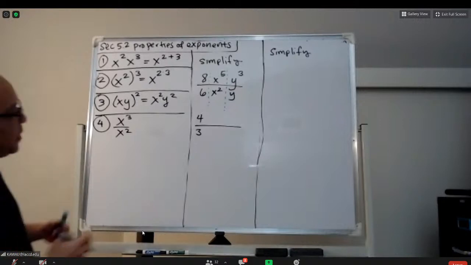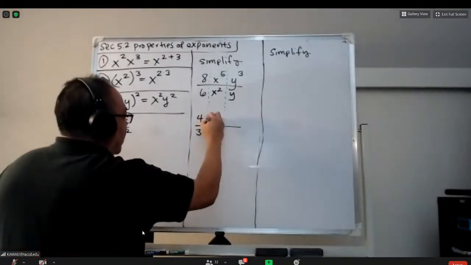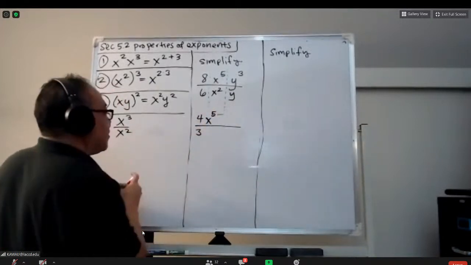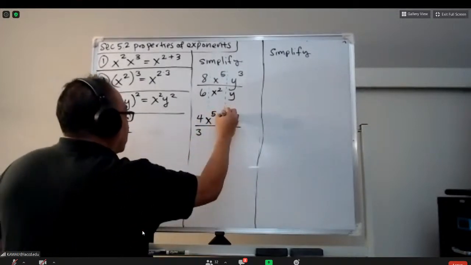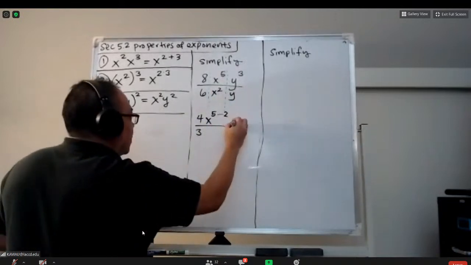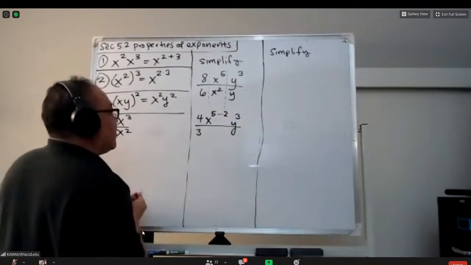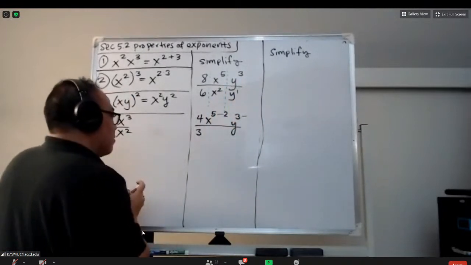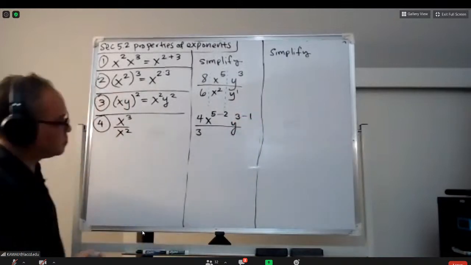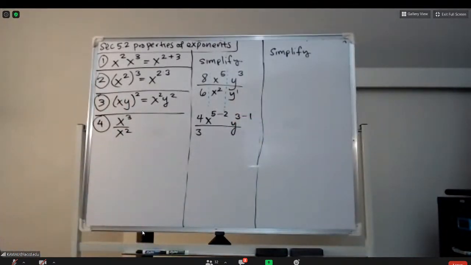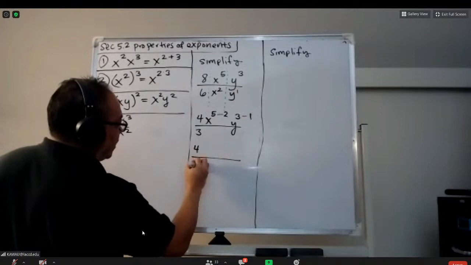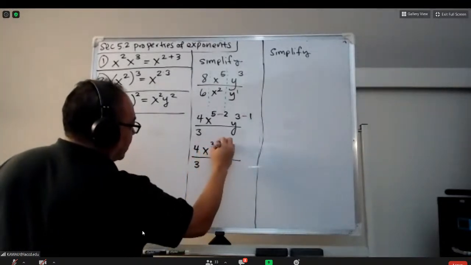Okay. And then what you're looking at is the top number minus the bottom number. And over here, the top number, and even though it's not there, there's a 1 there. So you should have 4/3 x cubed y squared.